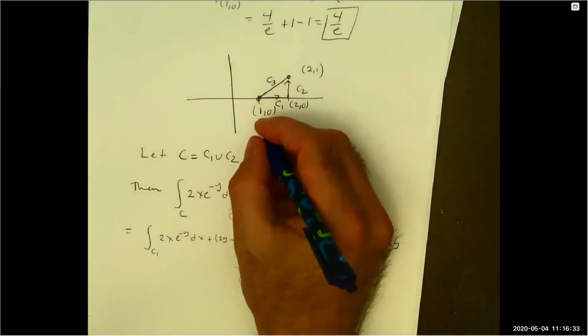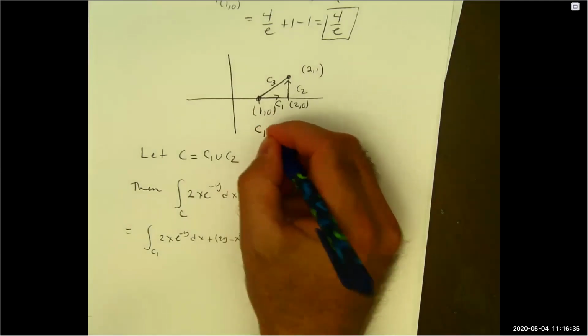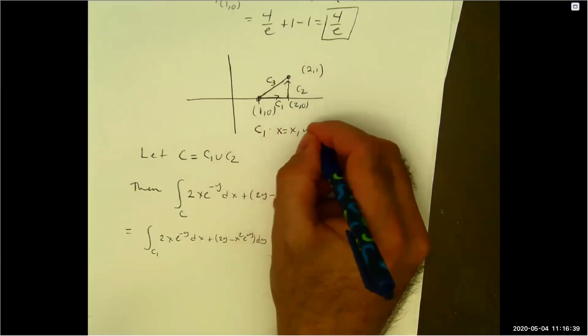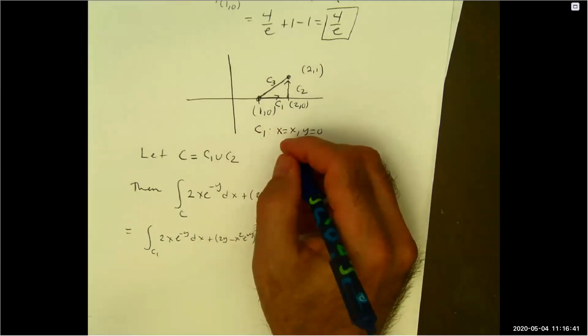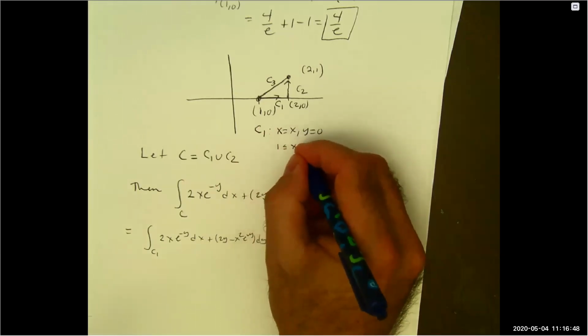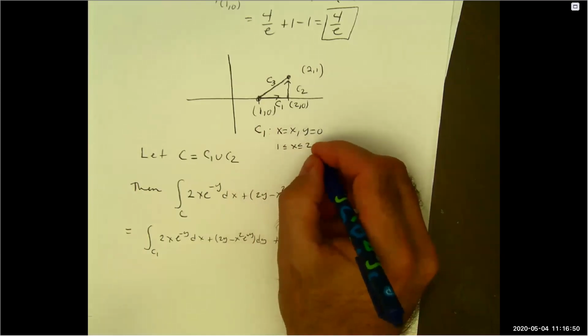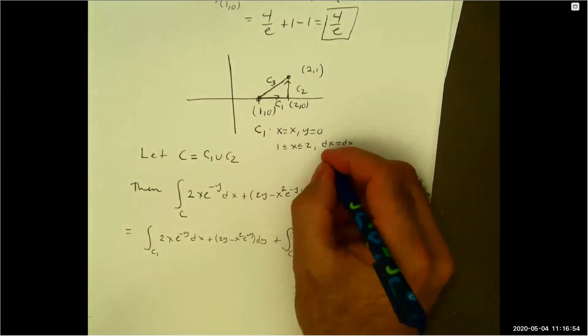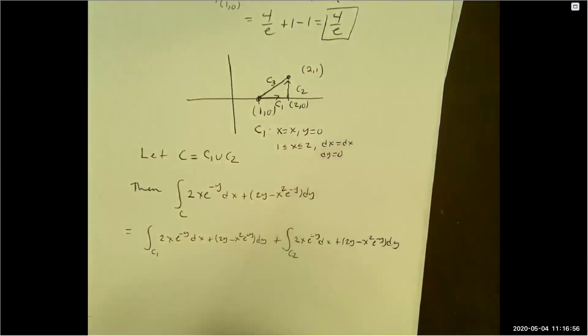So for C1, we're going to have x is equal to x and y is equal to 0. And then x is going to go from 1 to 2. And in this case, we're going to have dx is equal to dx, but since y is 0, dy is equal to 0. And so that's going to simplify what we have here.